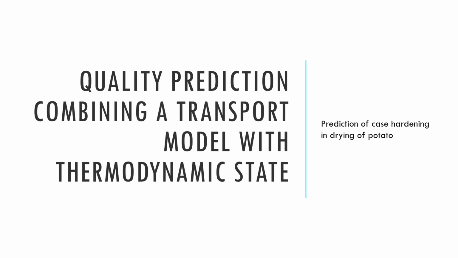I want to show another example where process physics is sufficient to predict quality, and this one is case hardening in case of potato drying. Now the dried material, its quality is dependent on how much case hardening happened during drying.